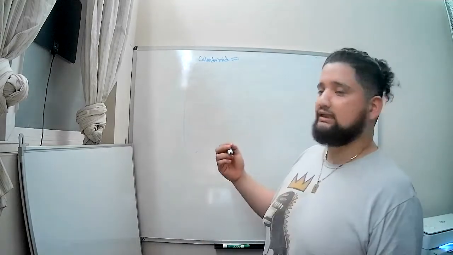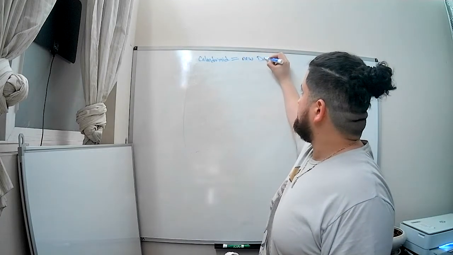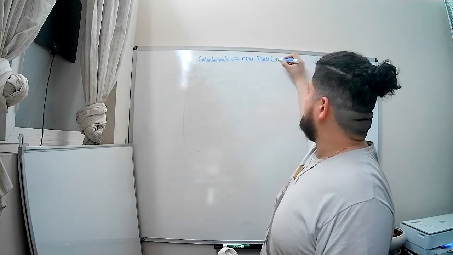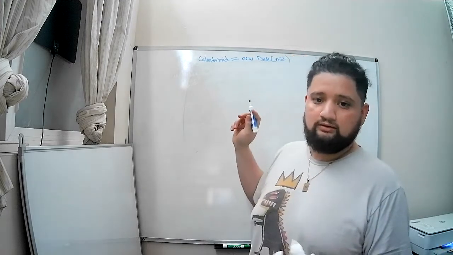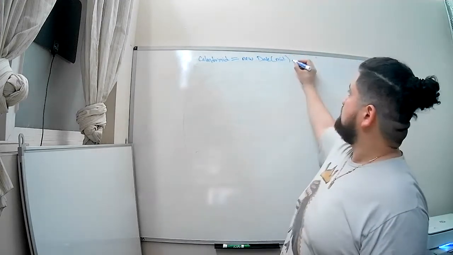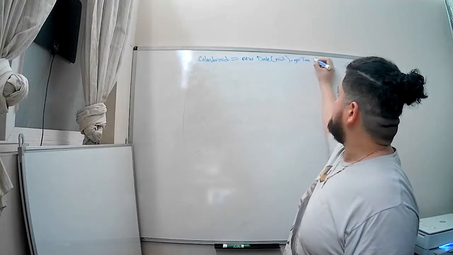So you just put it back in a date setting. So new Date(mid), which was that long string of numbers, that milliseconds, and you do dot get time method.